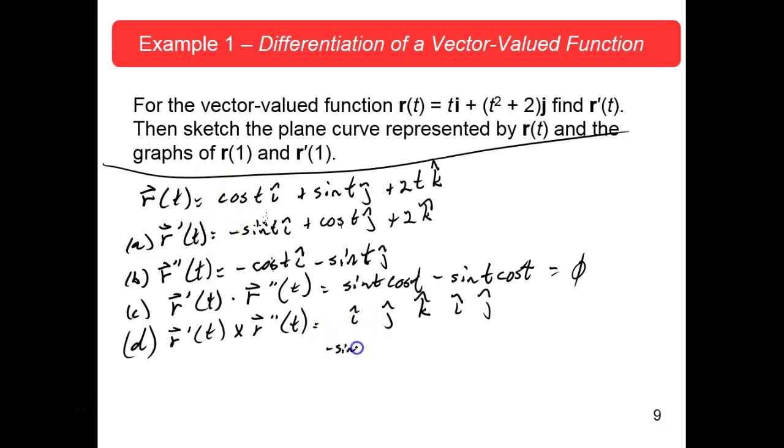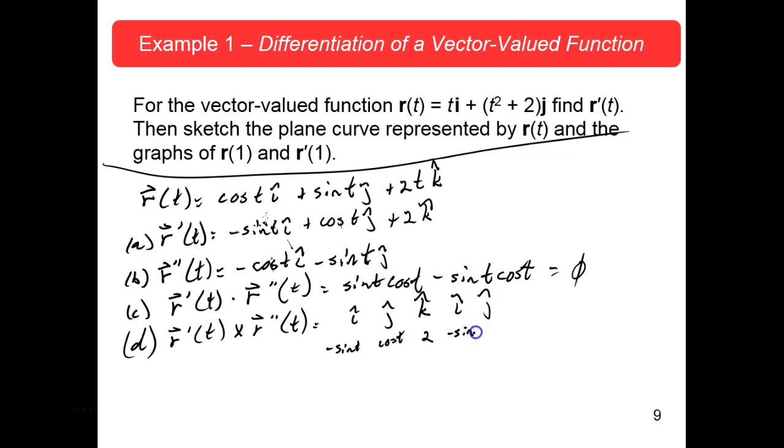Negative sine T. That's positive cosine T, because you're doing R prime. And what's that, 2? Is that what you said? Okay. And then repeat the first two, just like we repeated I, J. Repeat the first two.